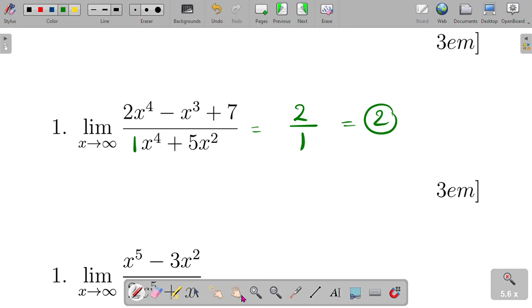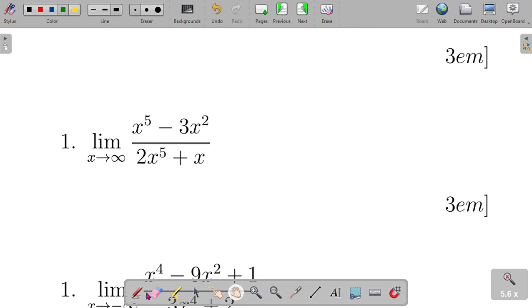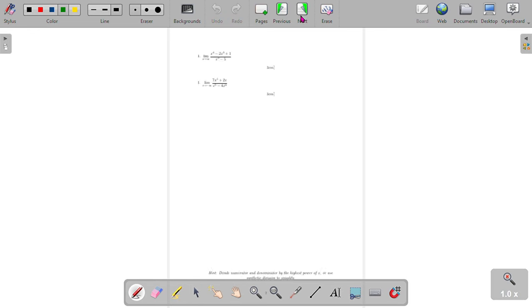Take care of that. Okay? Here, for example, if this was going to be 4, x power 4, for example, what were you going to do? You're going to say the power up is less than down, so my answer is 0. But this is just a reminding of the 3 cases. Okay? Next.